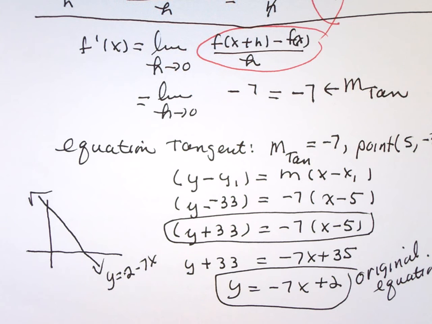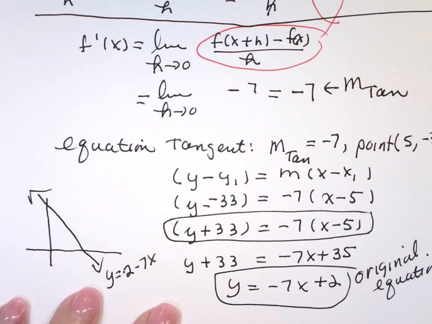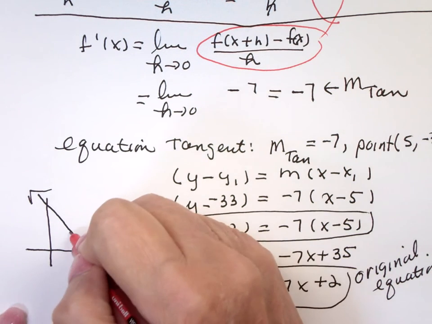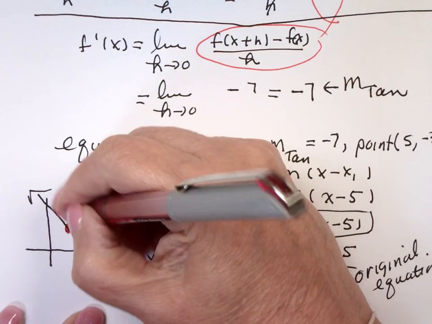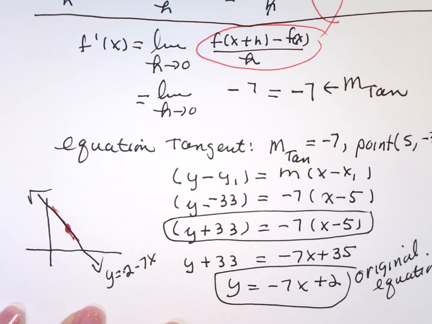Let me draw what this might look like. Because it's a straight line. If I were to draw a tangent line, where would the tangent be? On the line, because the tangent line is a line and the original was a line. So it should be the same as the original.